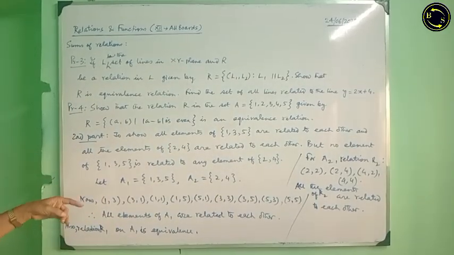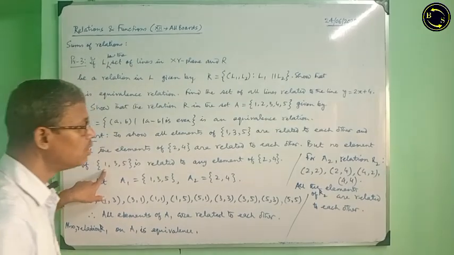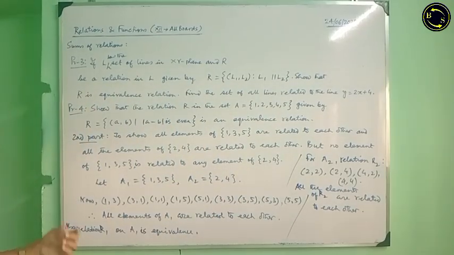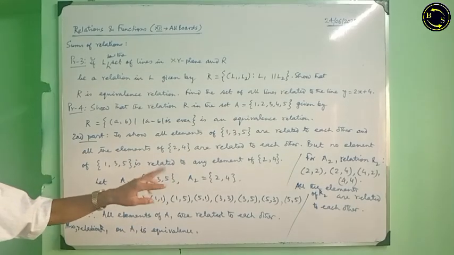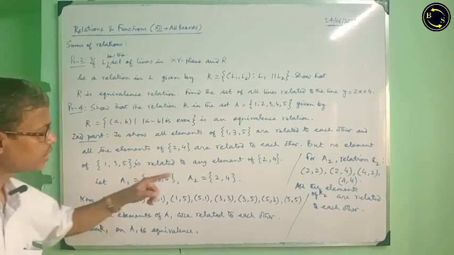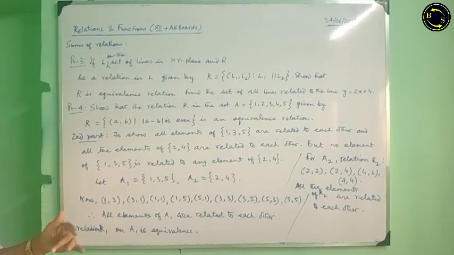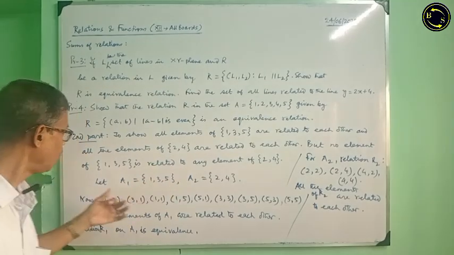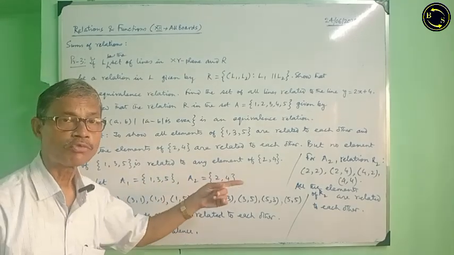The solution is, if we take difference of 1 and any member of 2 4, the result is not even. 1 minus 2 or 2 minus 1 is not even. 1 minus 4 or 4 minus 1, difference is not multiple of 2. Therefore, no element of 1 3 5 is related to any element of 2 4.